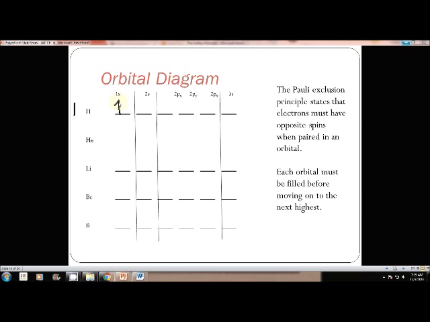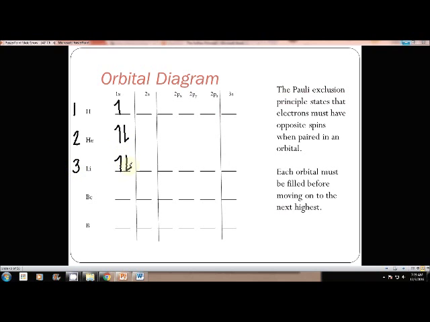Now for helium, it has 2 electrons. The first one goes in where hydrogen's was, but the second one gets pointed in the opposite direction in the same orbital. That shows 2 electrons, opposite spin, fill up the 1s orbital. Okay? Now we get to lithium. Lithium has 3 electrons.